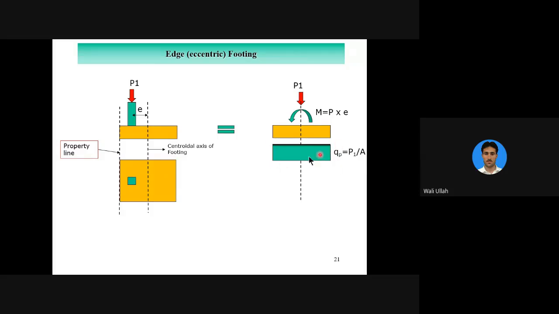You see this blue, these are compressive stresses on the soil. And due to moment, there will be flexural stresses. Here it would be compressive, plus, and watch your sign, here negative, tensile. If you combine these two stresses, it would be like this.